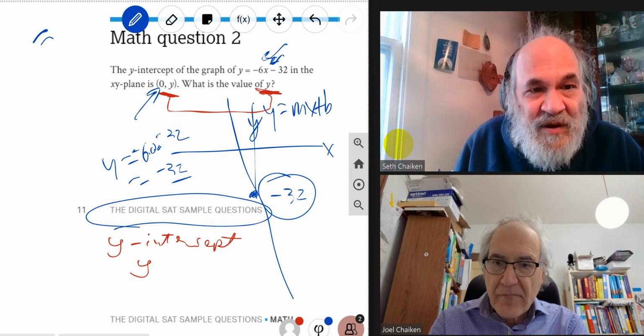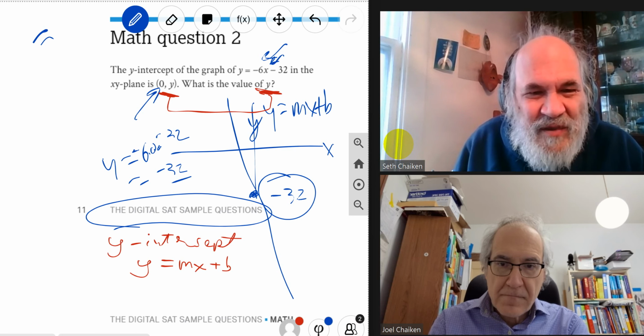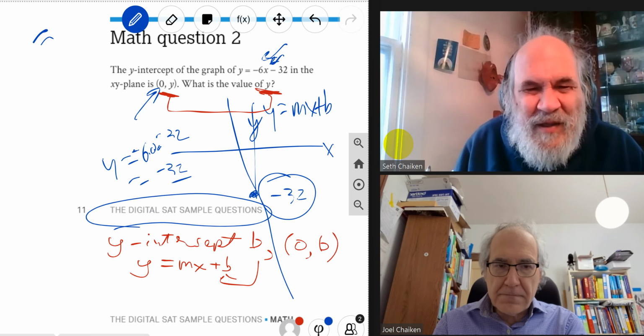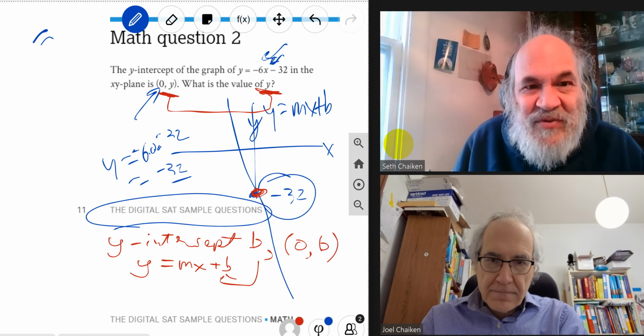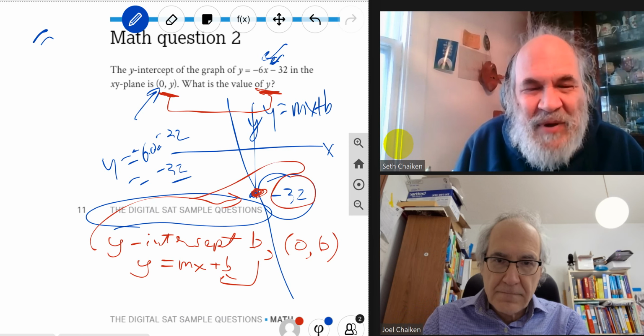In a linear equation, in the form y equals mx plus b, the y-intercept sometimes is called b, and it's sometimes the point, which is here. So sometimes they call the y-intercept the point that's here, and sometimes they call the y-intercept the number.